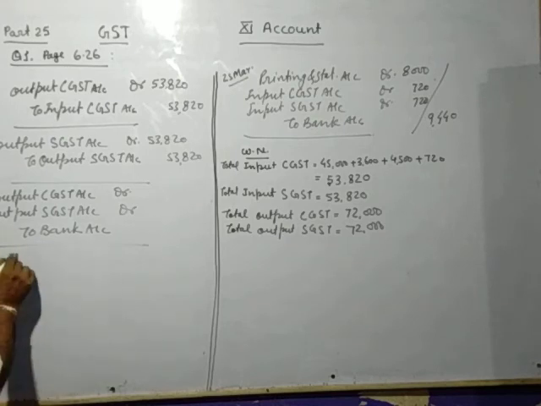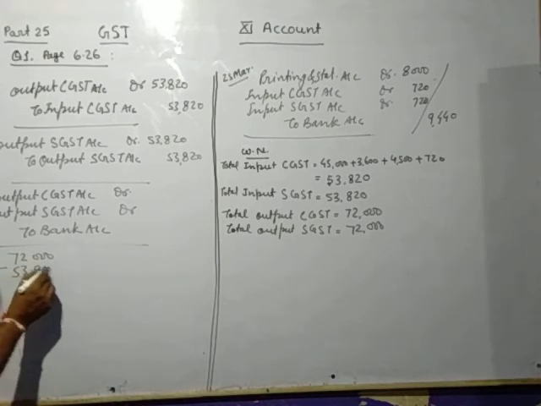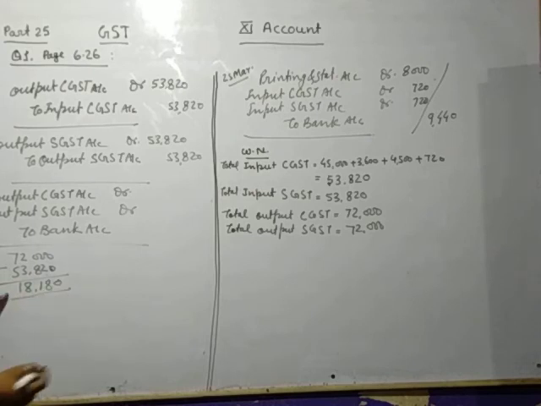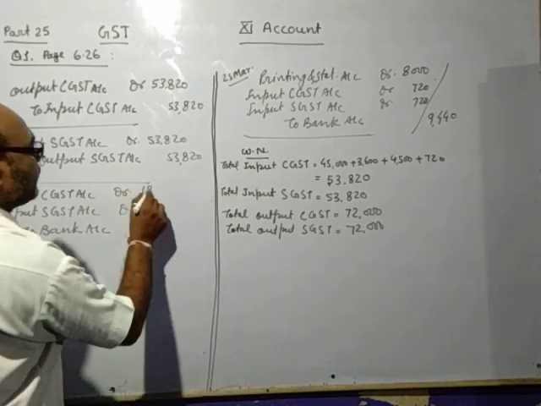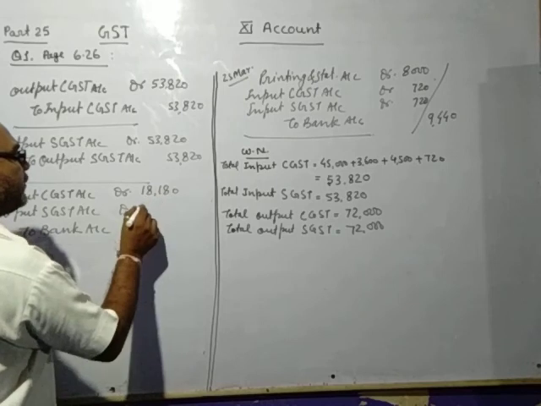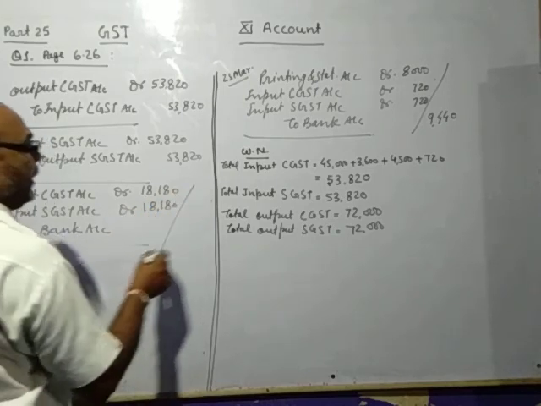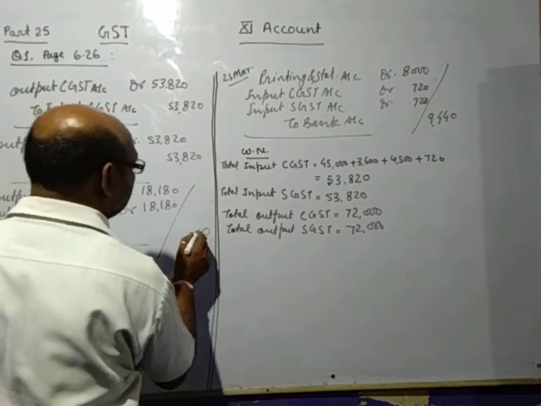Total you have received 72,000 and 53,820 already you have paid the GST amount. So 18,180 rupees you will pay to central government and 18,180 will pay to the state government.